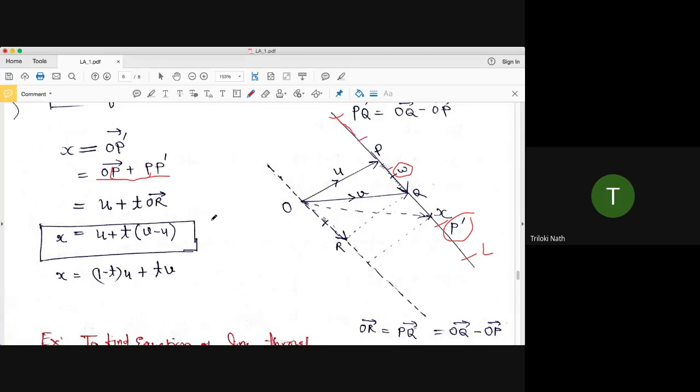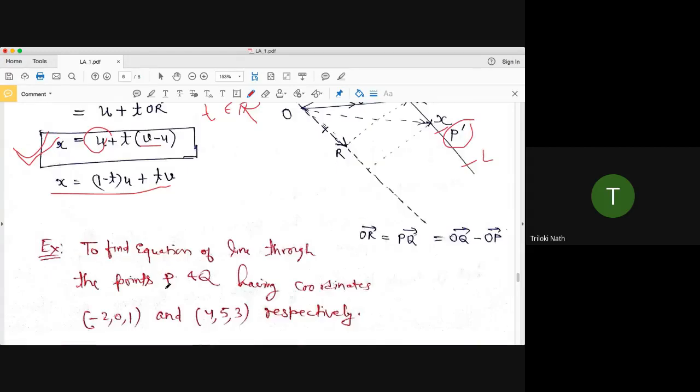So T is just a real number. Moving T, you will get all the points on this line passing through PQ. So this is the equation of the line passing through two points P and Q, whose position vectors are u and v. So you have x is equal to u plus t times v minus u. This is an illustration.